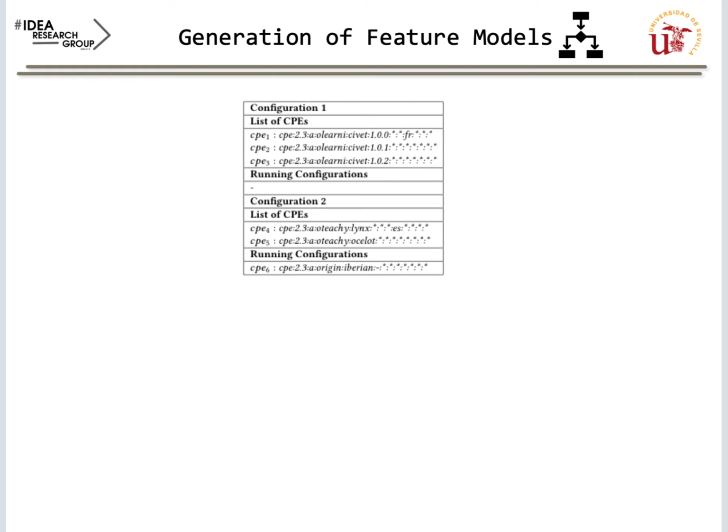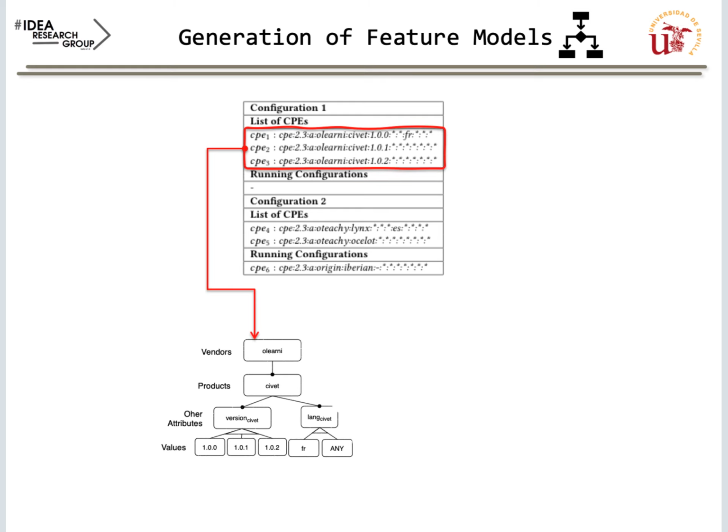The generation of the feature model is divided in two parts. The first part is where we create the sub-feature models for each vendor. In this case, we can see the vendor that has one product, SciVet, and this SciVet has 3 different versions, and one of the versions is specifically in one language, French, and the other 2 are in any language.